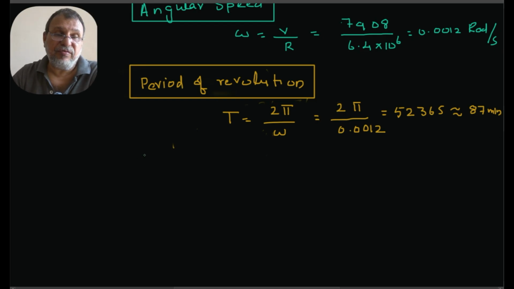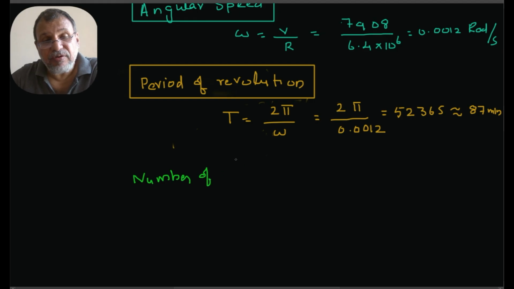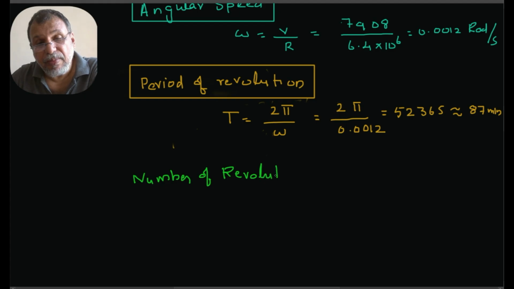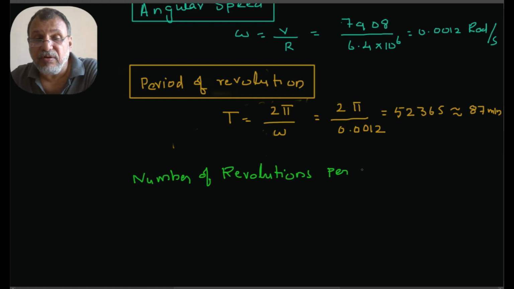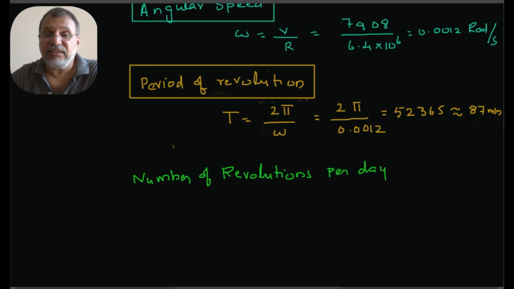Now we can calculate the number of revolutions per day. Per day in this case means per 24 hours. Each revolution approximately takes 87 minutes.